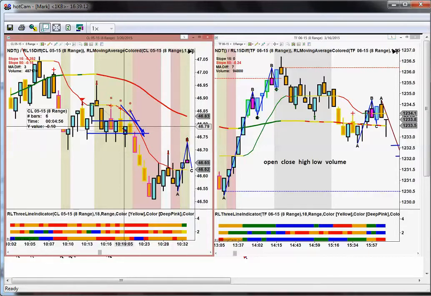Now, the only question you have to ask yourself when you see this pattern, and I'm going to show it to you over and over and over again, and you have to really focus on the chart and really have a lot of discipline, because you're going to see this happen, I'm telling you, 5, 6, 7, 8 times a day, is decide for yourself which direction you think the market's going to break. And it's really, really rather simple.